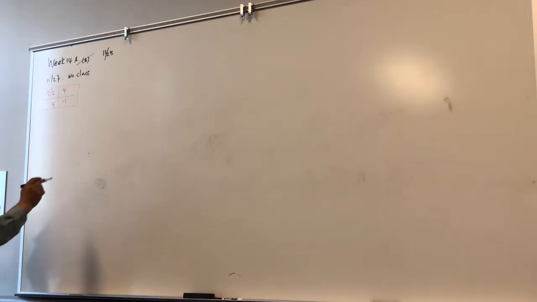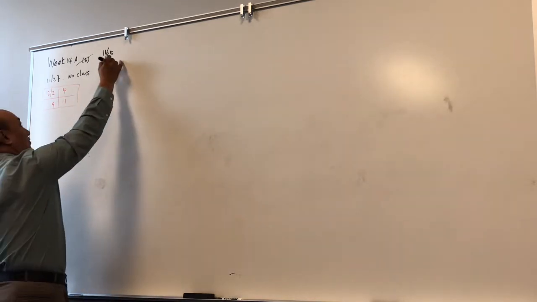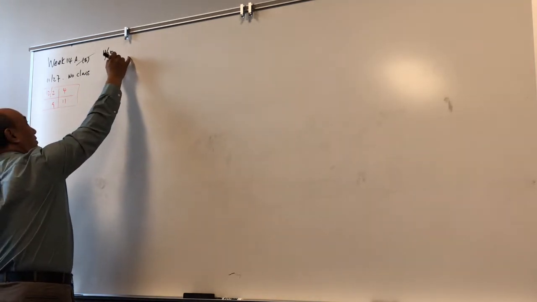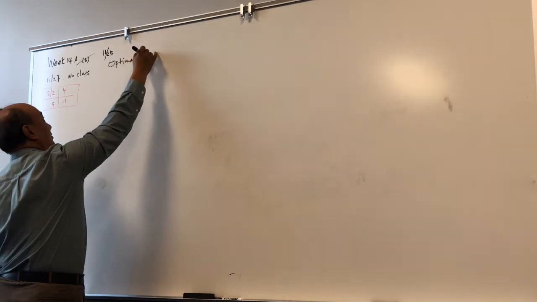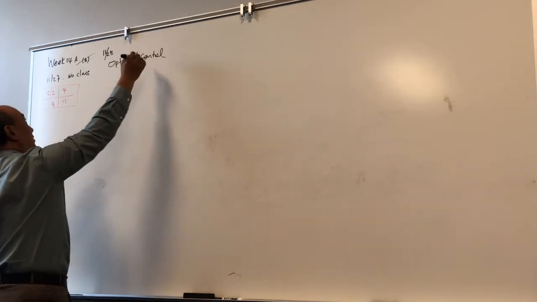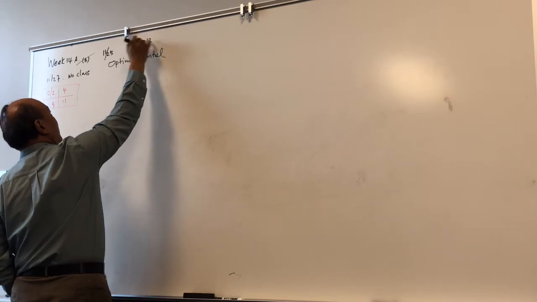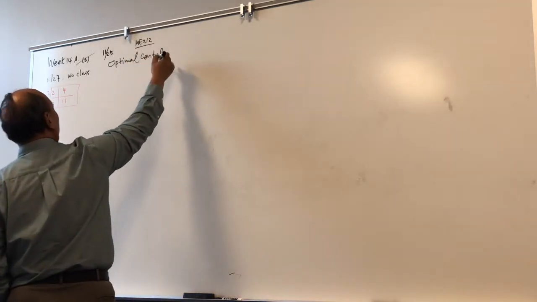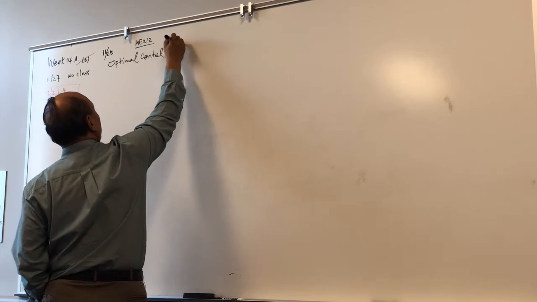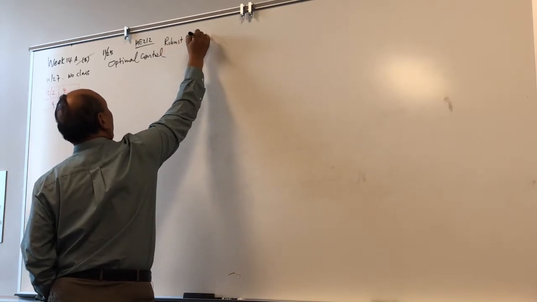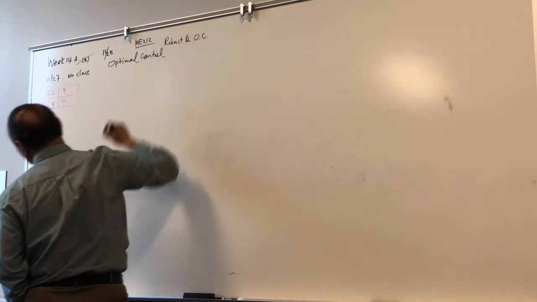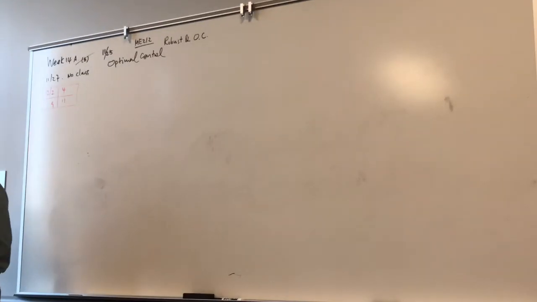So today our main topic is to focus on optimal control. Because from our ME212, the title is robust and optimal control, right? So we have learned H2 and H infinity kind of optimal control.